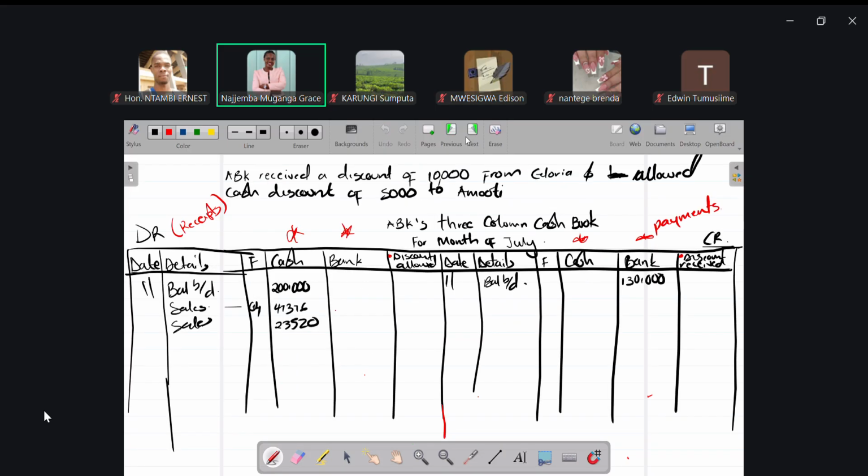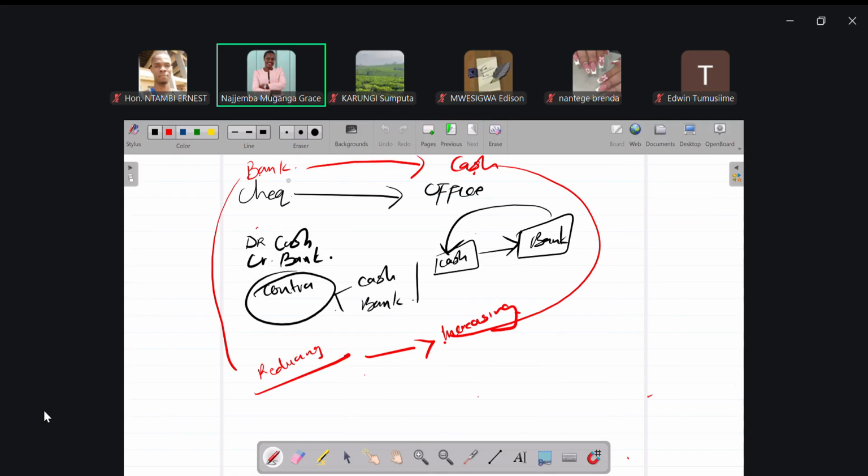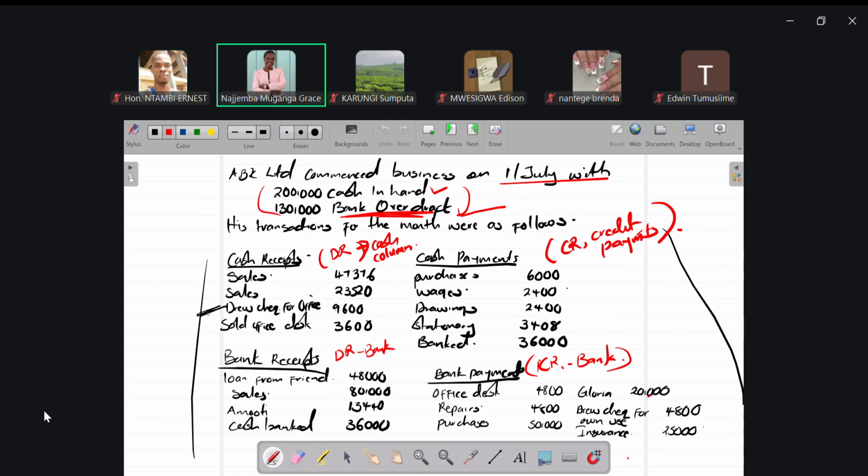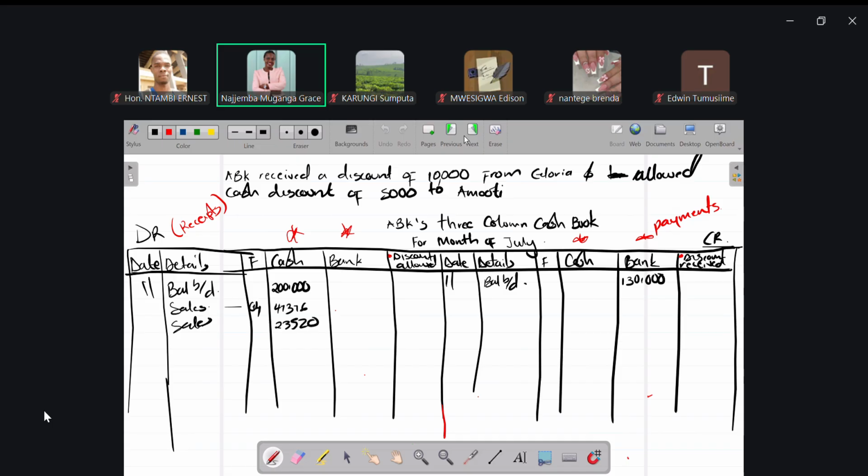Therefore, we would first of all show money going to cash and our cash increasing, 9,600. Cash is increasing, you come to the debit side and post.